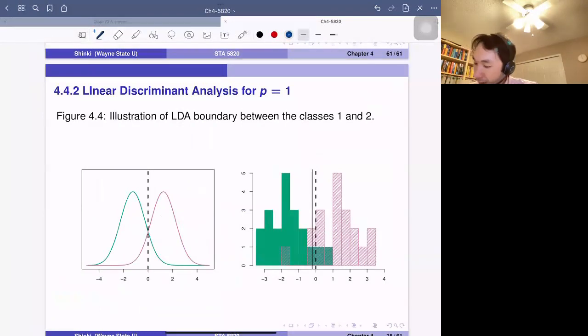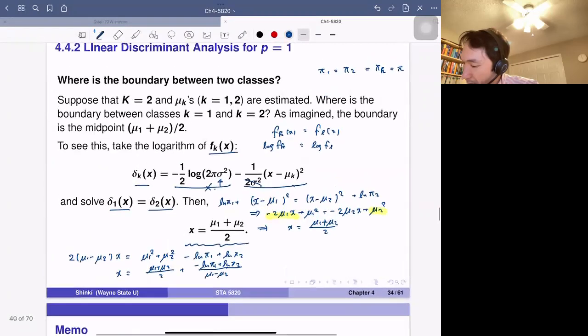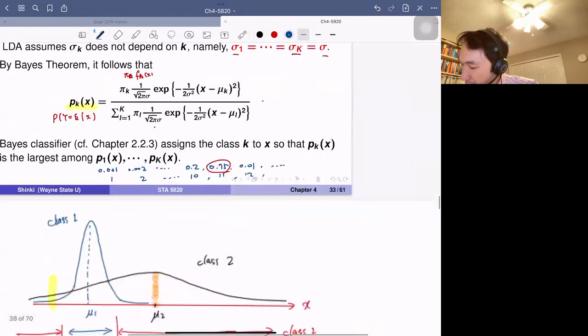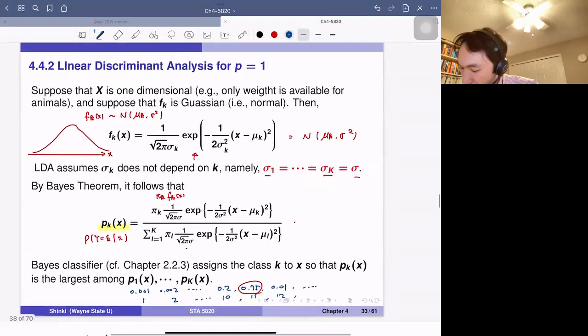And the LDA actually assumes that pi_1 to pi_K are also equal. I'm not sure if I mentioned that somewhere. I think I didn't mention it.